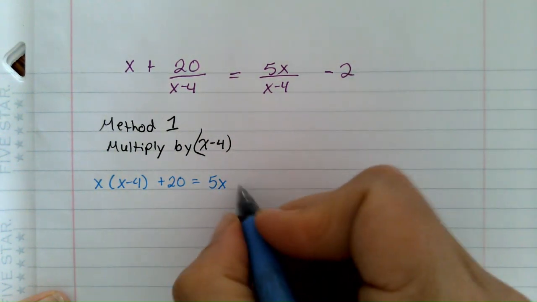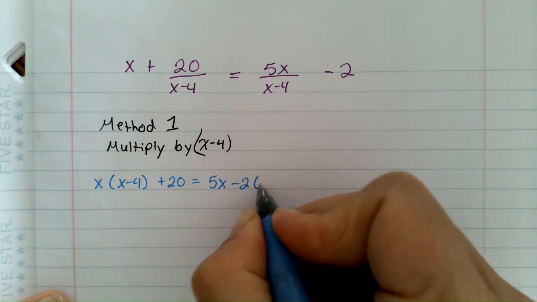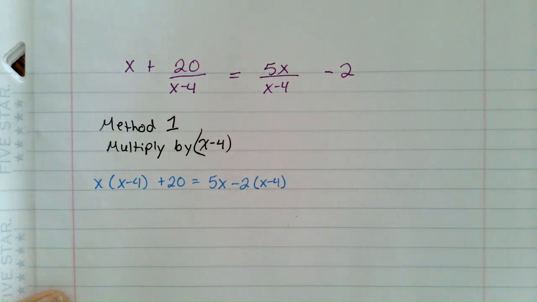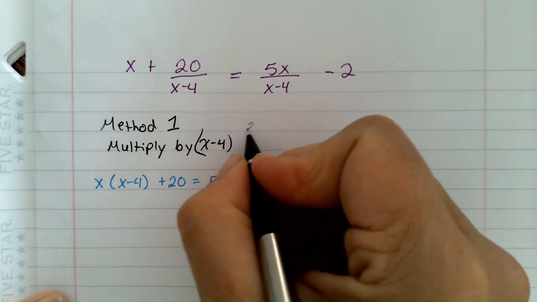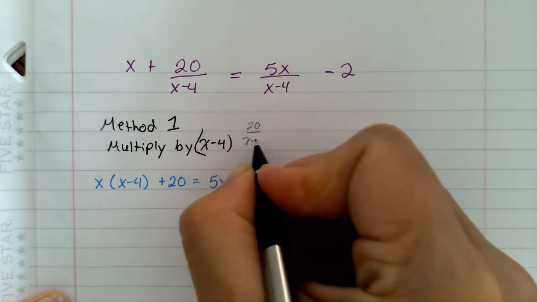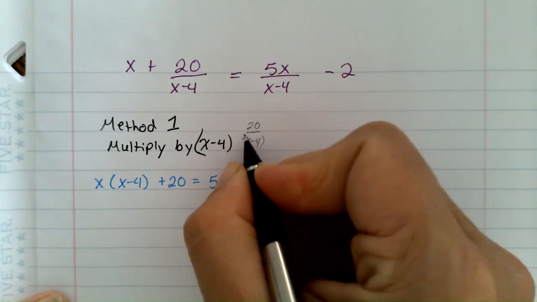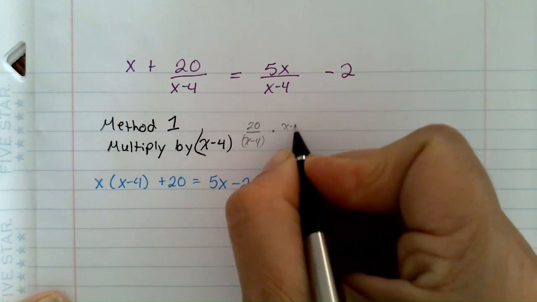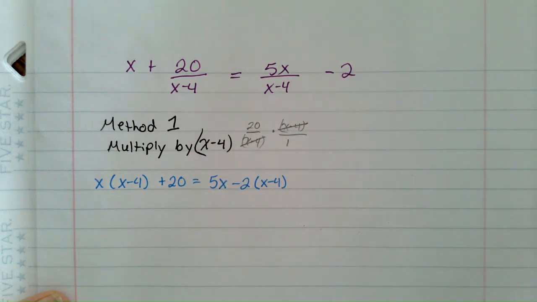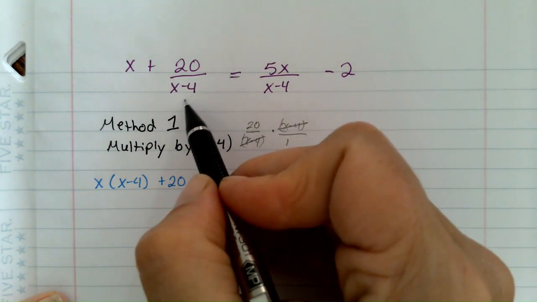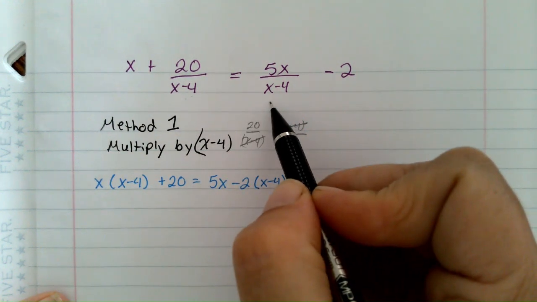And when I take minus 2 and I multiply it by x minus 4. For those that canceled out, I'm just going to write it in pencil. When I take your fraction there and I multiply it by x minus 4, remember that x minus 4 is over 1. So that's why it's canceling out. And it's doing the same for both this term and this term.